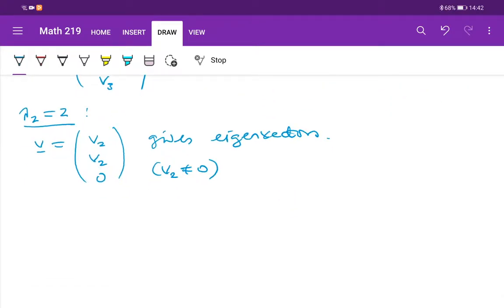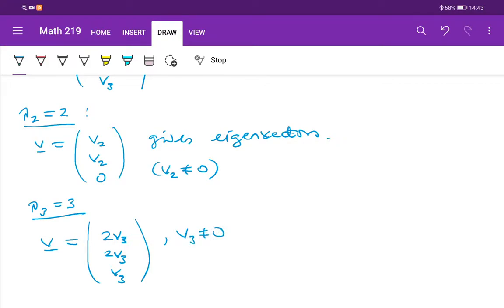And for lambda 3, in this case we get 2v3, 2v3, v3. So v3 non-zero. This gives all the eigenvectors.